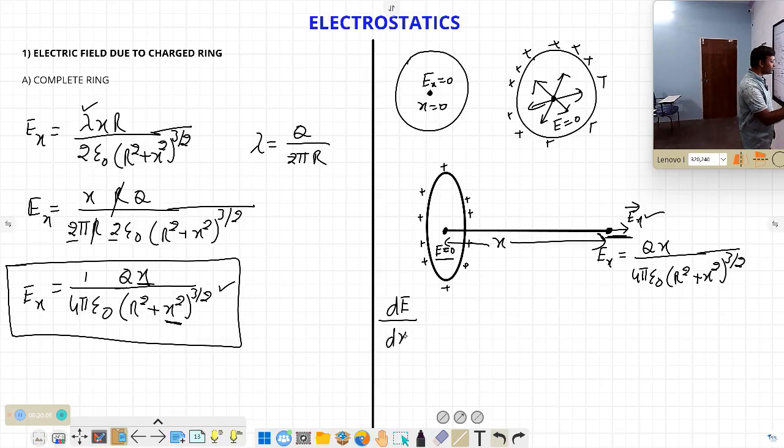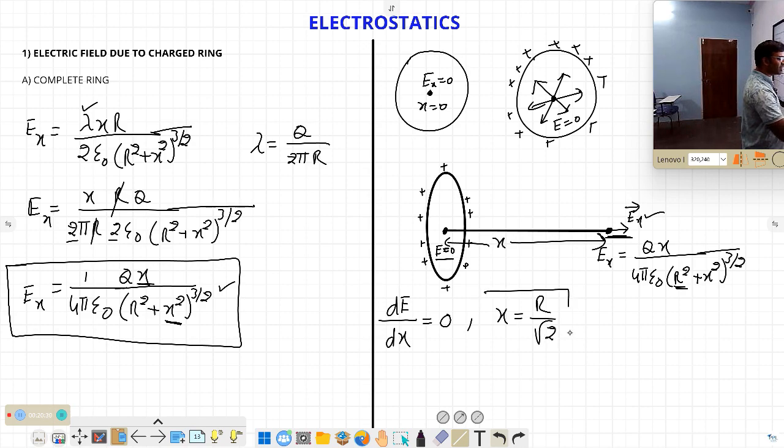The condition where the electric field becomes maximum is that dE by dx has to become 0, according to differentiation. So differentiate this equation. After differentiating this equation, we get one position, x, which in terms of radius is nothing but r by root 2.